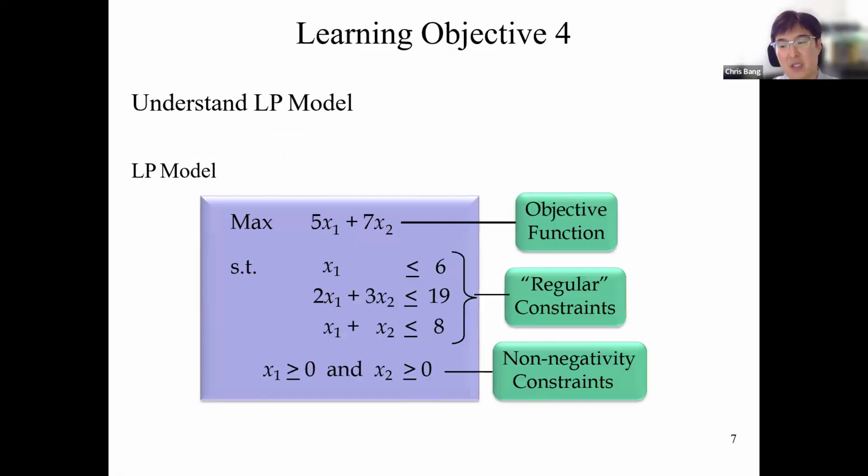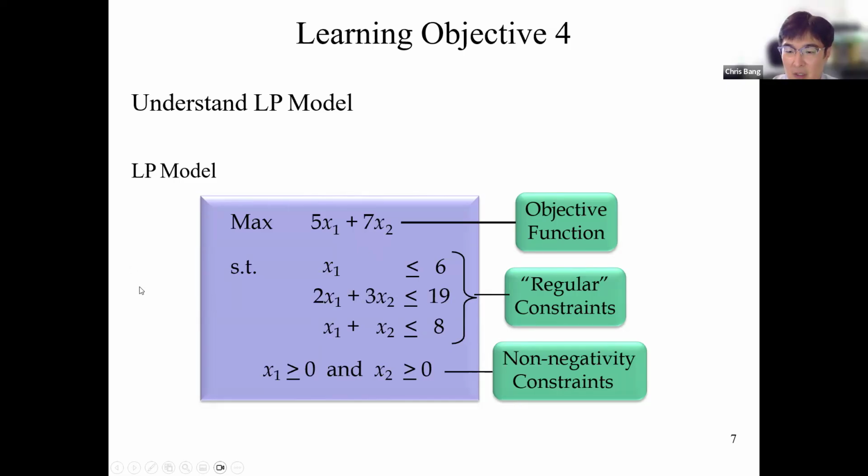This slide shows the general structure of an LP model. At the top, we have the objective function, which may be a maximization or minimization expression. Then we list constraints, which limit the values of decision variables.